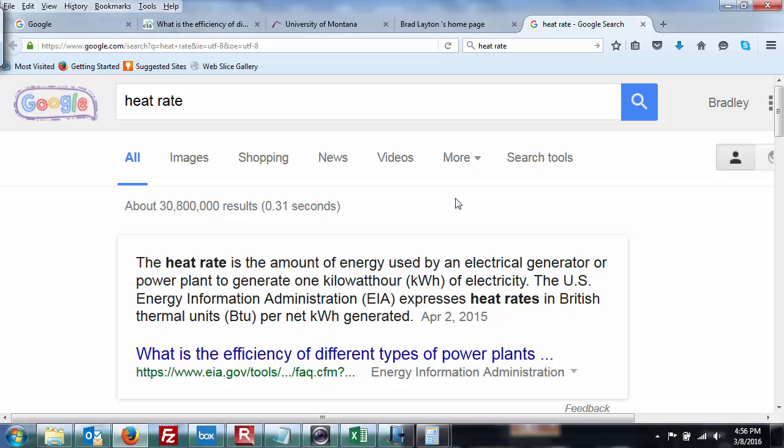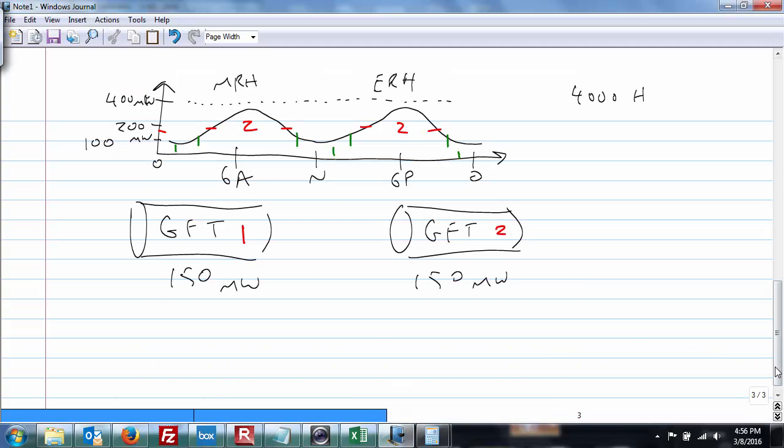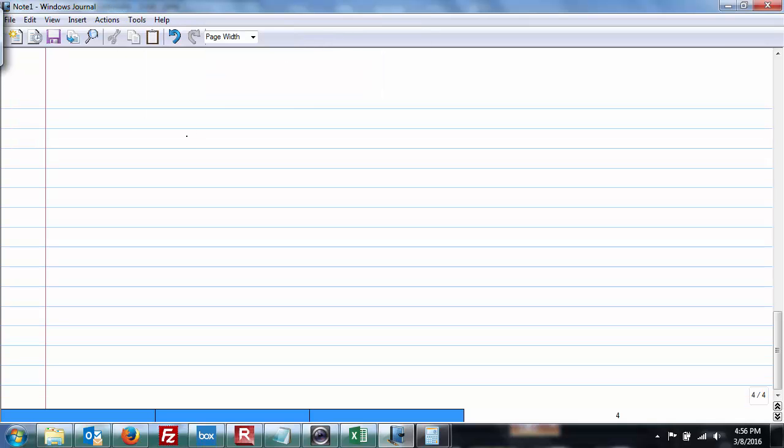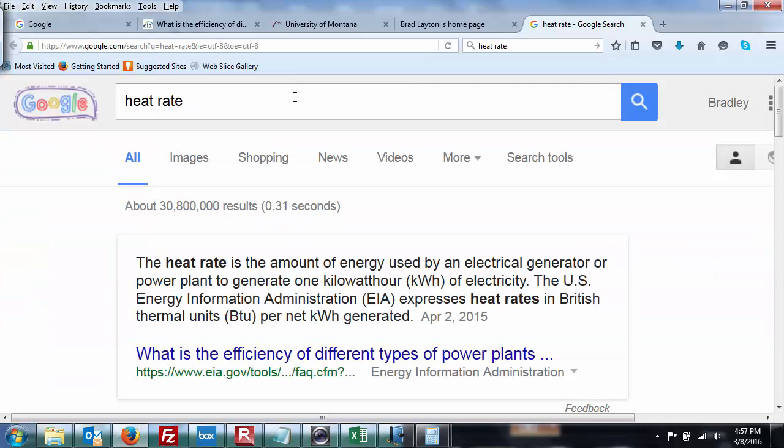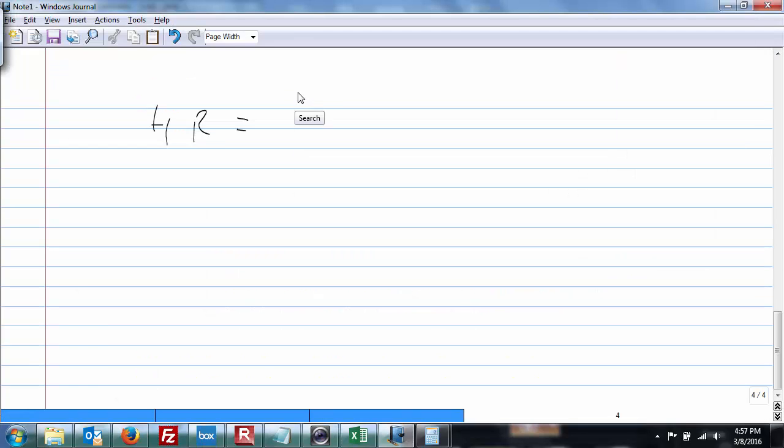Let's write that down. Heat rate equals BTUs per kilowatt hour. So this equals in over out.